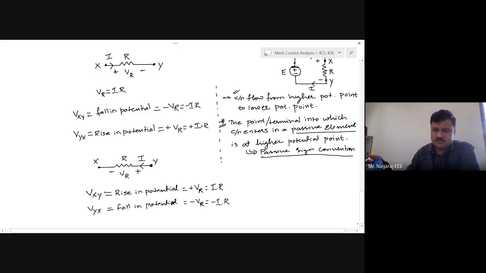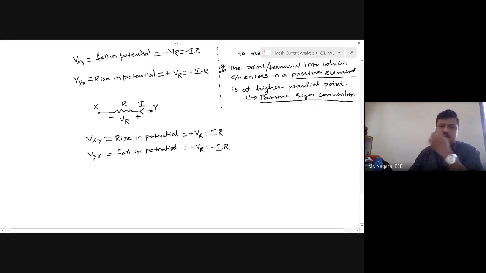So this is how I assign the active sign convention, and I consider active sign convention and passive sign convention. Any doubts so far? No, sir. So we shall move ahead. Now we'll take a simple circuit and we'll apply Kirchhoff's law. Okay. We'll take the same circuit that I have given up there.